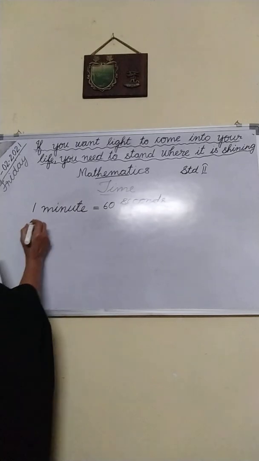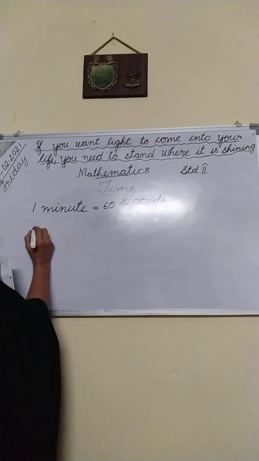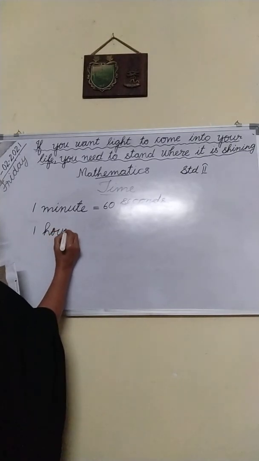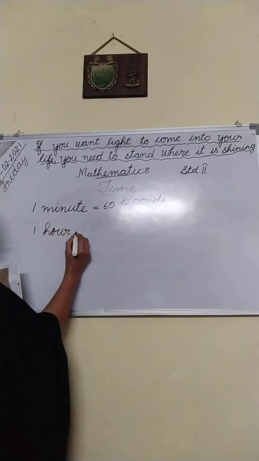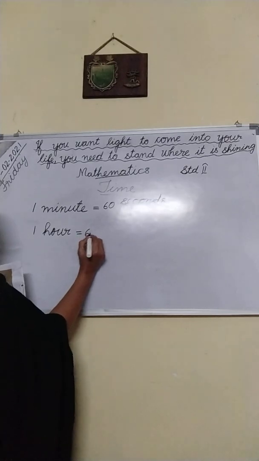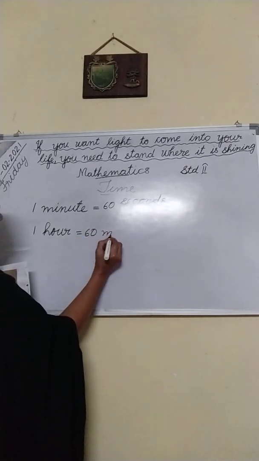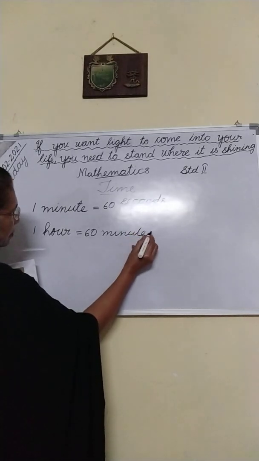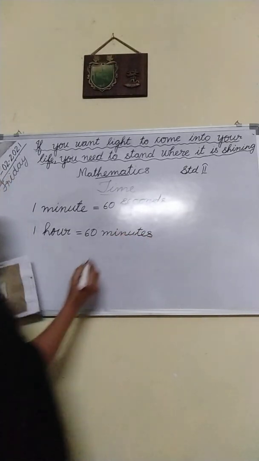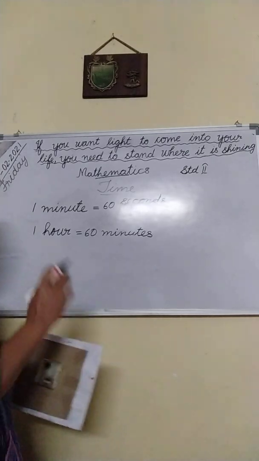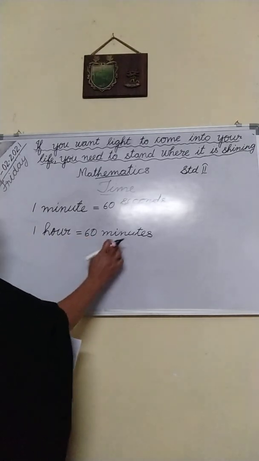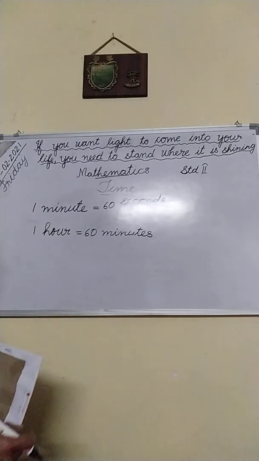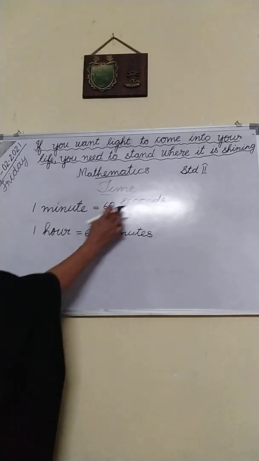Now, next one. 1 hour. H-O-U-R. 1 hour is equal to 60 minutes. M-I-N-U-T-E-S. You have to skip columns and write, okay? 1 hour is equal to 60 minutes. 1 minute is equal to 60 seconds.